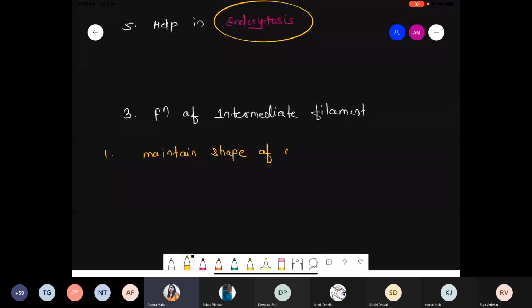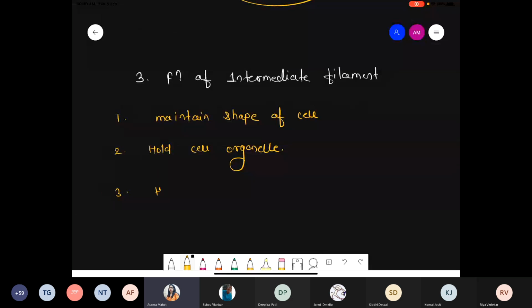Number two, they can hold the cell organelles. Number three, they also help in cell to cell junction.